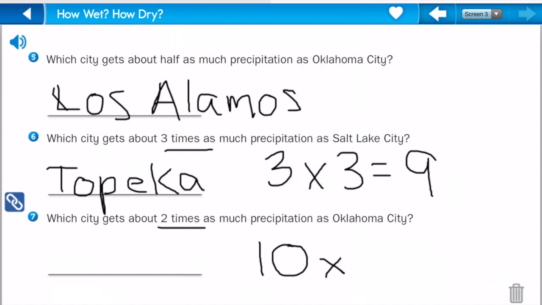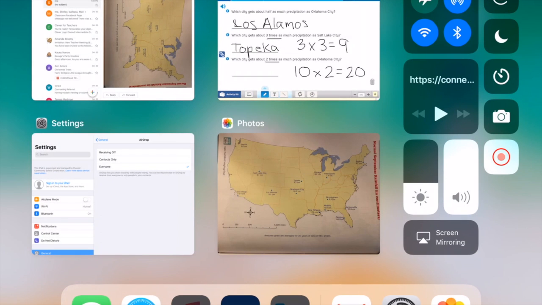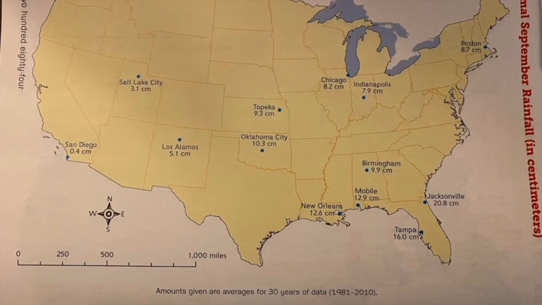So if we do 10 times 2, we get 20. So we're looking for a city that's around 20. And if we look at our map, we can see that Jacksonville gets about 20.